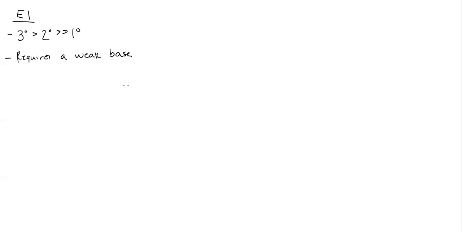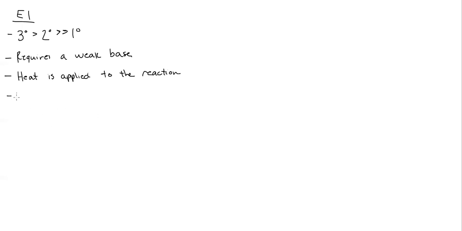In this case, we're not using strong, we're using weak. The other thing is that heat is applied to the reaction. We'll see that later, but that's also a very important part of E1.